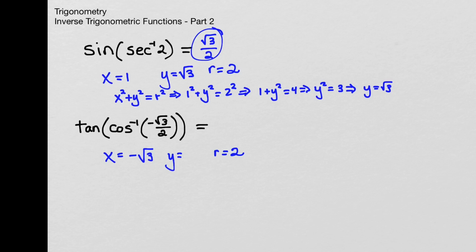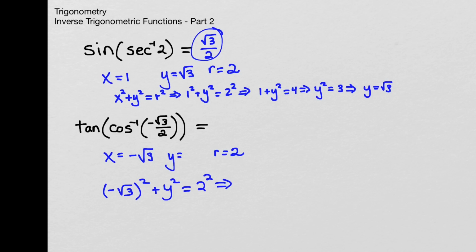So, similar to the last one, I use the fact that x squared plus y squared equals r squared to solve for y, and I take negative square root of 3 squared plus y squared equals 2 squared.